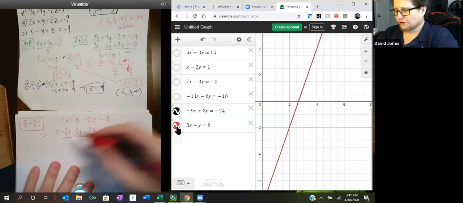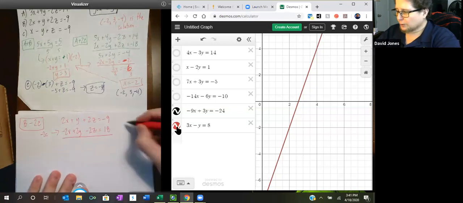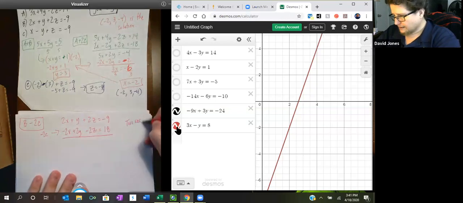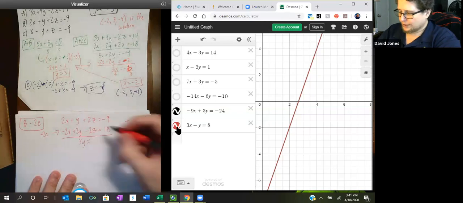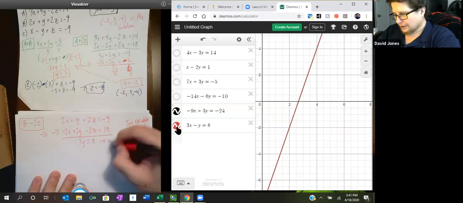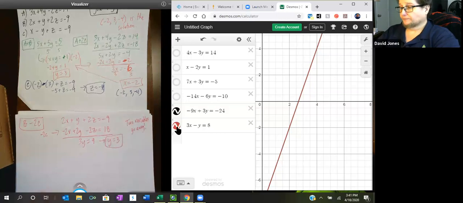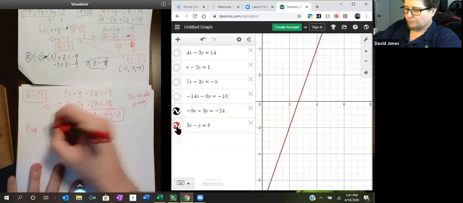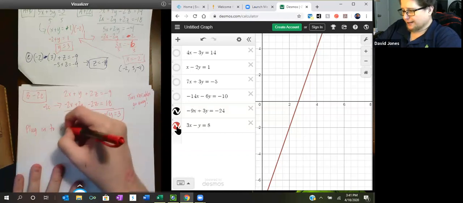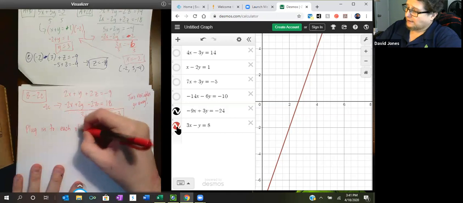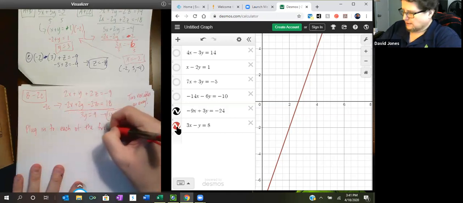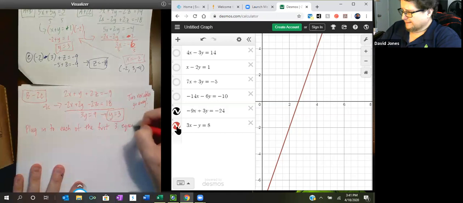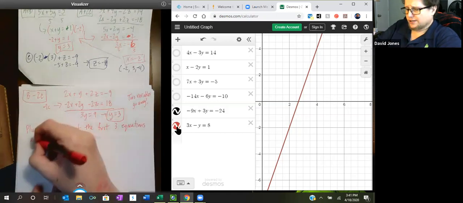And when I add these vertically, two variables go away. I get 3y equals 9, y equals 3. Plug that into each of the first three equations. And now you're down to two variables.